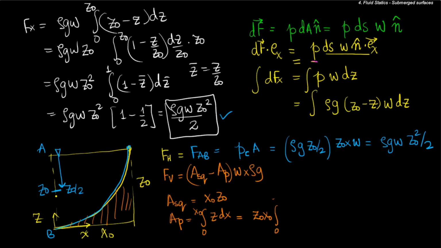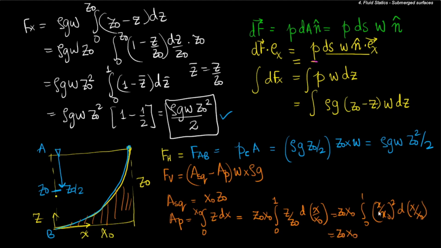So this becomes integral 0 to 1 z upon z naught d of x upon x naught, and this becomes z naught x naught integral 0 to 1 x upon x naught whole square d of x upon x naught. This becomes z naught x naught times x bar cubed upon 3. So this becomes 1 by 3.